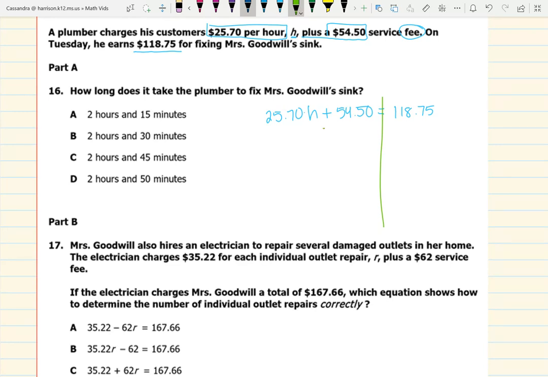All right. So let's take away that service fee because they're asking us, how long does it take the plumber to fix Mrs. Goodwill's sink? How long? How many hours? We're going to try to find H hours.